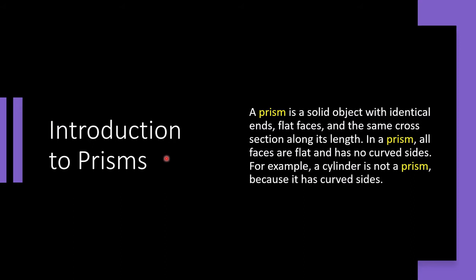For example, the cube is a prism. The rectangular square is also a prism, that is the three-dimensional rectangular square. But the cylinder is not a prism because it has two curved sides. Also, the cone is not a prism. The sphere is not a prism. However, those are three-dimensional figures.